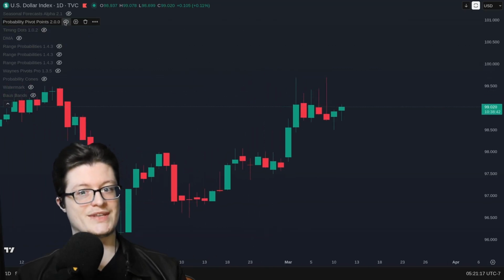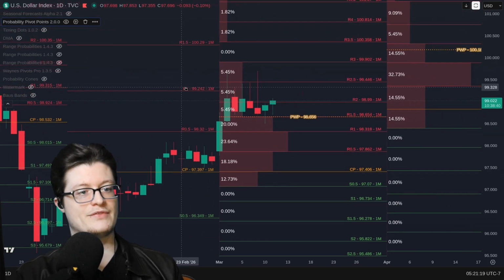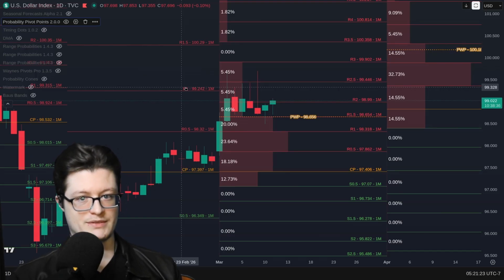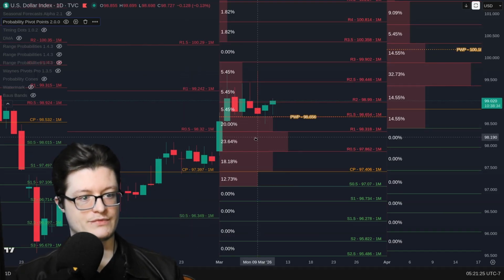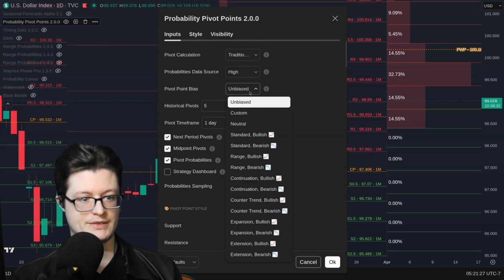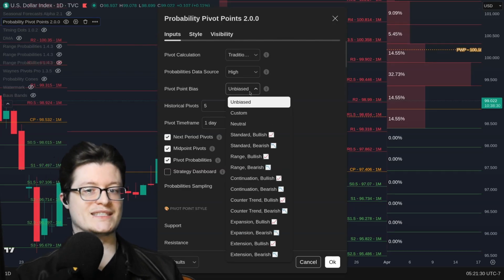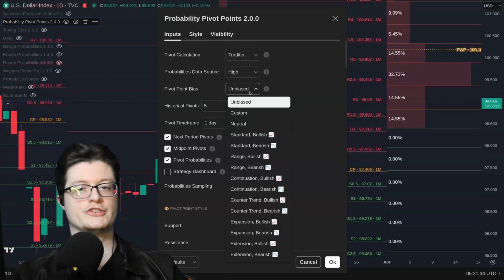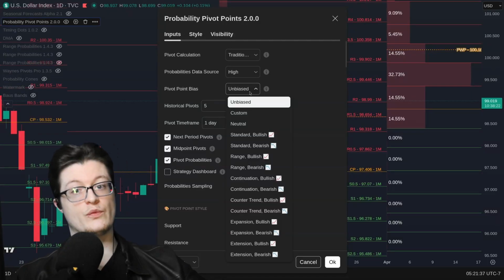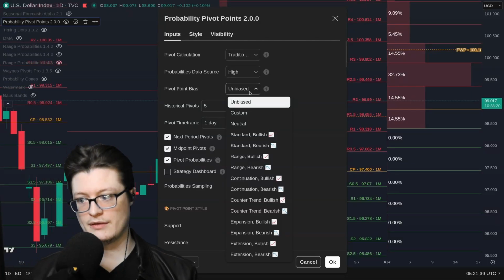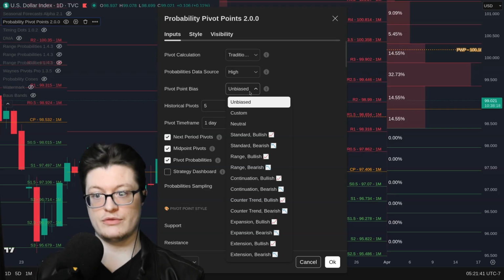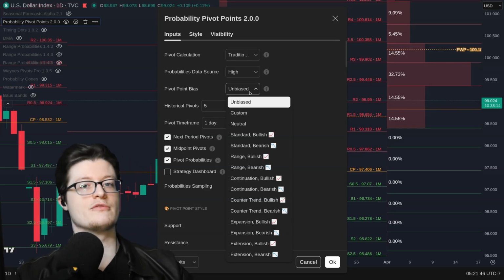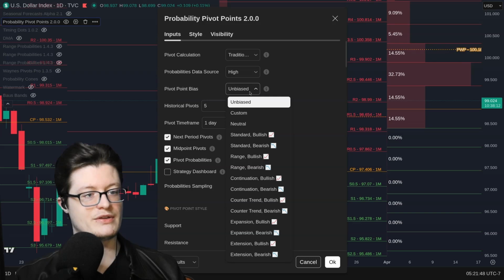However, the same thing also applies to even people who have these statistically enhanced versions of the pivots. And this version of the indicator also has the biases. So if you did the exact same work that I just described in doing all that geopolitical research, like we did back when we were just going into Operation Epic Fury on the 27th, like we were following the entire buildup of the US military there.